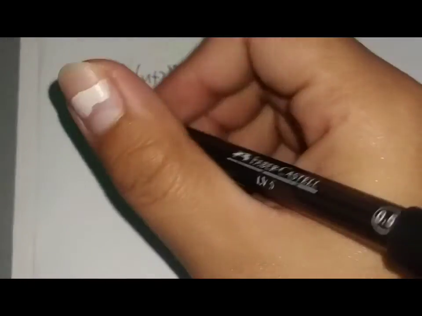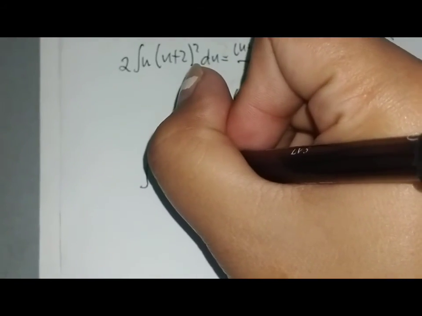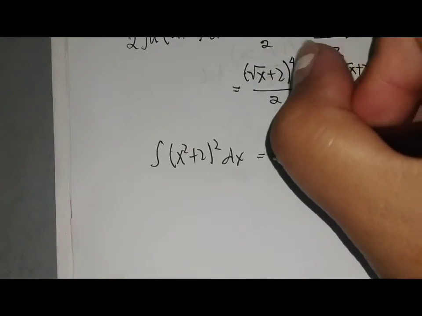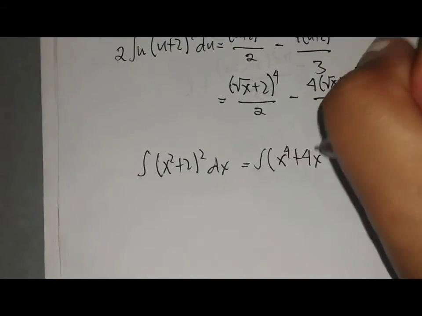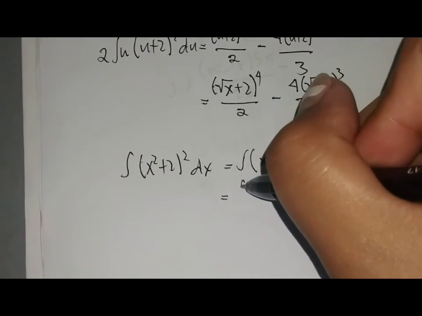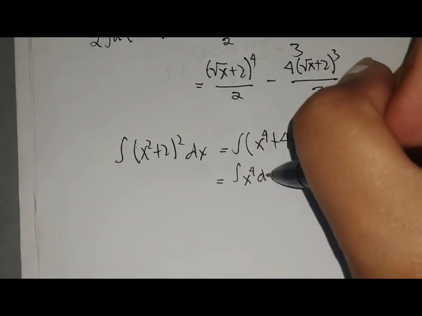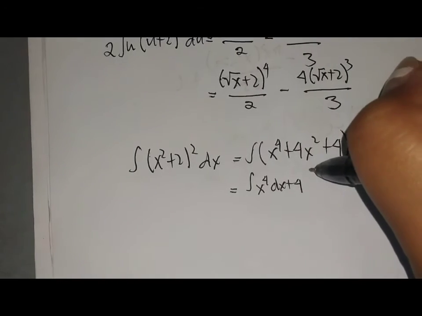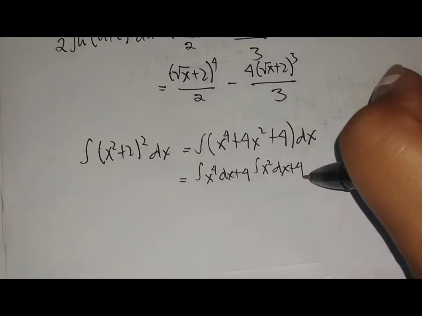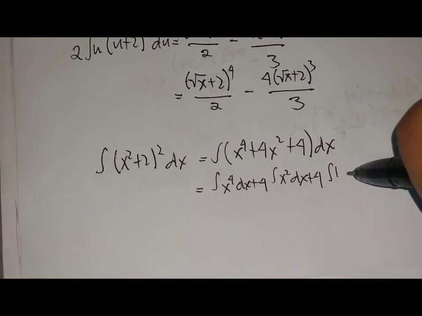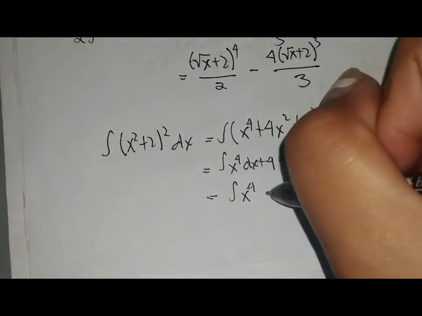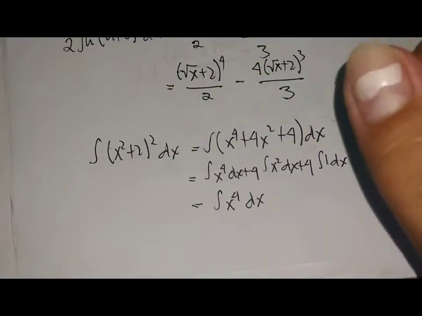Next, let us solve the integral of (x squared plus 2)^2 dx. Let's expand it to the integral of x to the 4th plus 4x squared plus 4 dx. Then apply linearity so it is equal to the integral of x to the 4th dx plus 4 times the integral of x squared dx plus 4 times the integral of 1 dx. Let us solve first the integral of x to the 4th dx, then apply the power rule with n equal to 4.